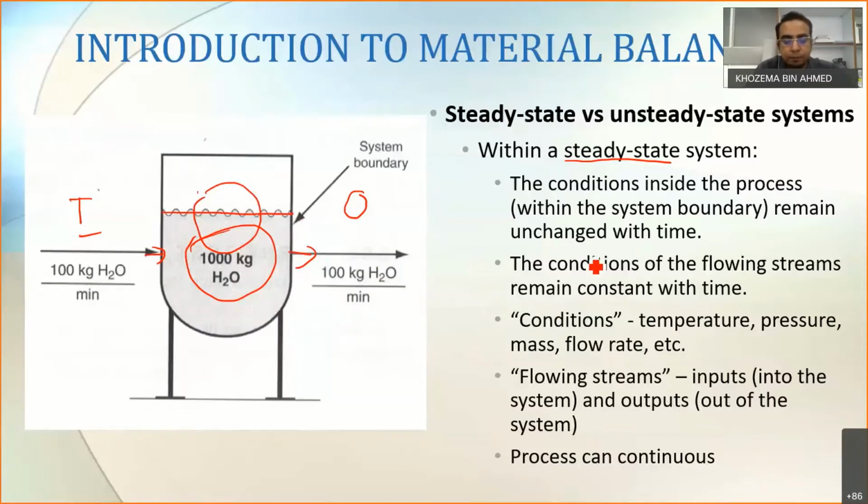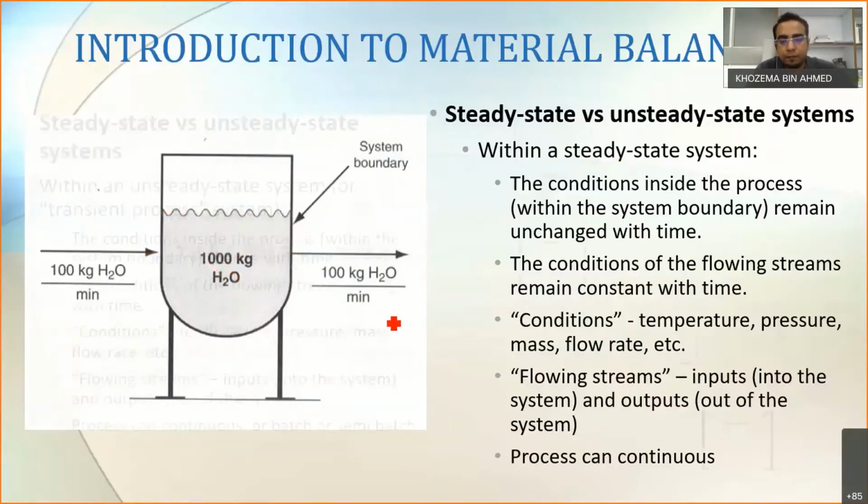Doesn't matter if you look at it at t equal to 1 minute or t equal to 1 hour. That's why it's saying that the conditions of the flowing stream remain constant with time. In our case here it is our flow rate. So the flow rate does not affect the quantity of mass in the system. So that is a steady state system.